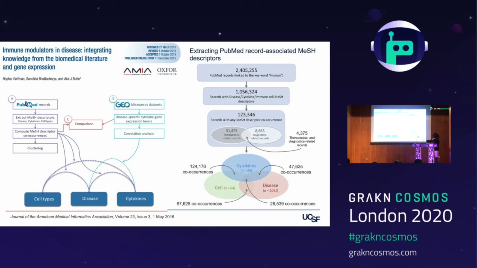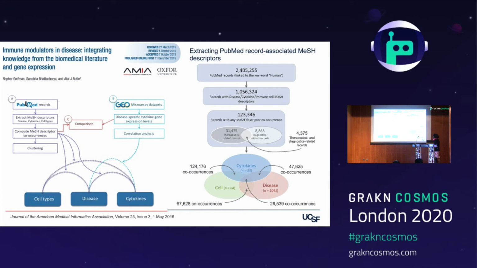We started with all the PubMed records, filtered based on human, and then the records with disease, cytokine, and immune terms, all based on controlled vocabulary like the MeSH descriptors. We were also looking at the role of therapeutics and diagnostics, so the therapeutic and diagnostic related records, and again cytokines, cells, and diseases.